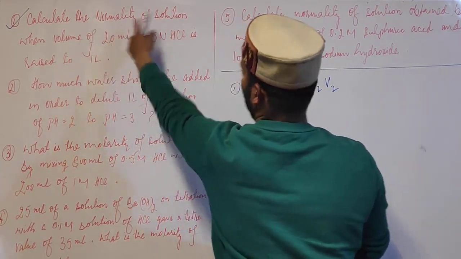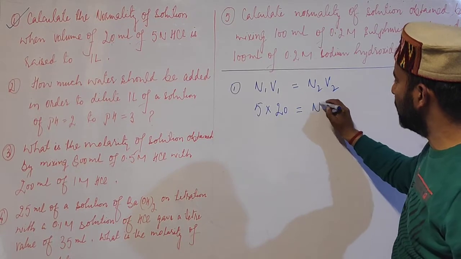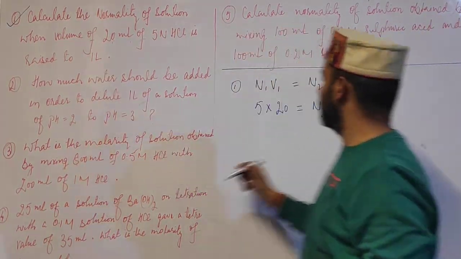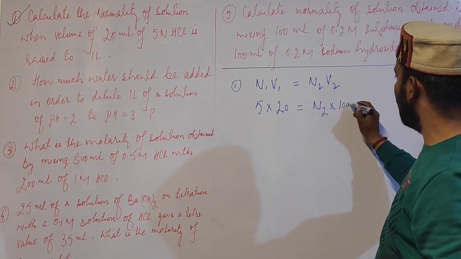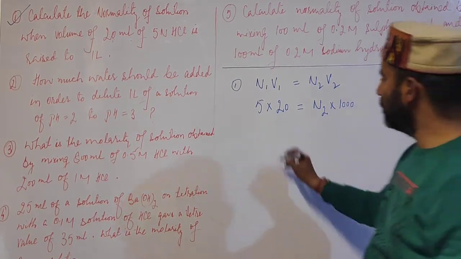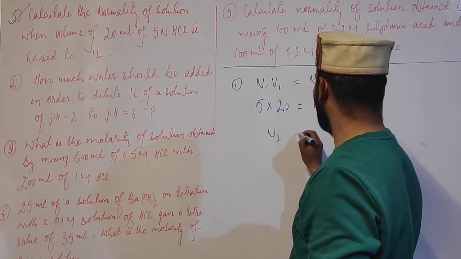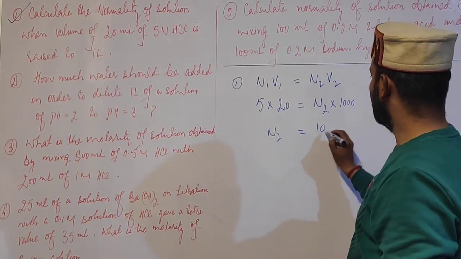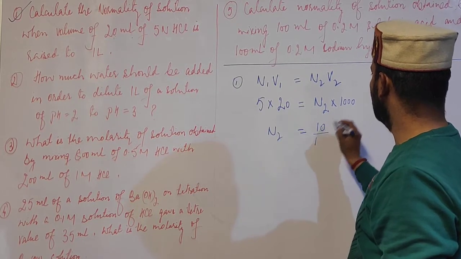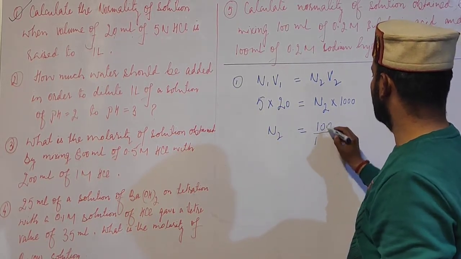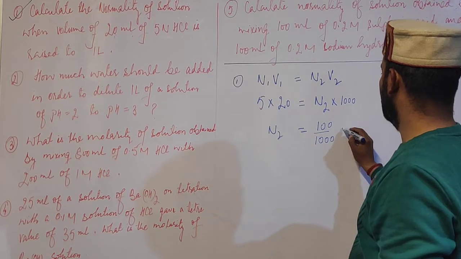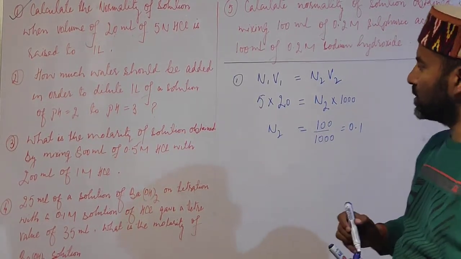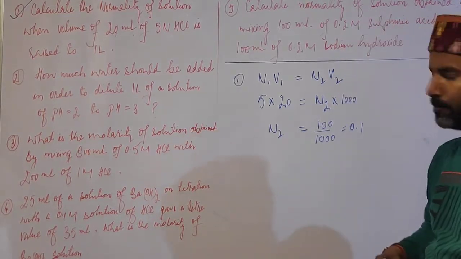We need to find the normality of the final solution, N2, when the volume is raised to 1 liter, that is 1000 milliliter. So the normality of the resulting solution will be 100 upon 1000, that is 0.1. So this is our first case, dilution.